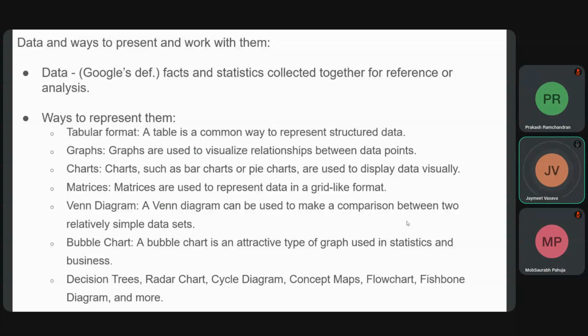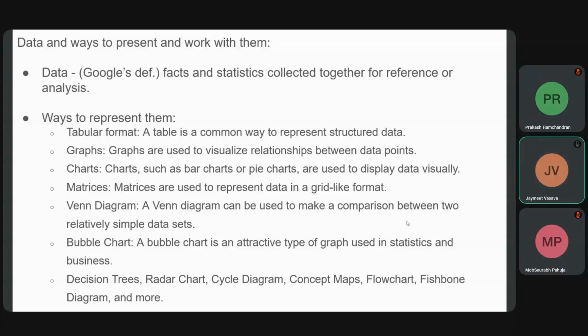Then comes the graph. Graphs are used to visualize relationships between data points. Then charts, such as bar charts and pie charts, are used to display data visually. Matrices are used to represent data in a grid-like format. Then the Venn diagram, for comparison between two relatively simple data sets.